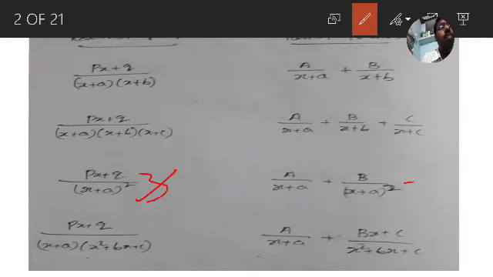These rational fractions can be written in terms of partial fractions.